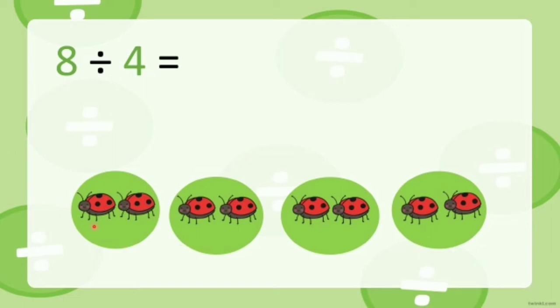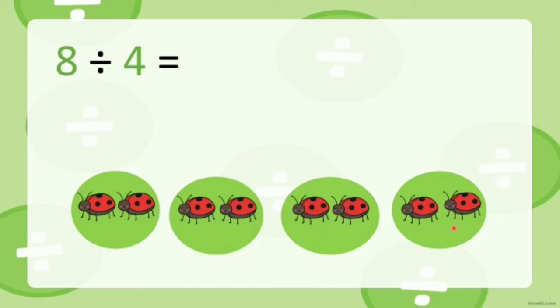Let's count the number of bugs in each group. In the first group we have 1, 2 bugs. In the second group we have 1, 2 bugs. And in the third group we have 1 and 2 bugs again, and in the last group we have 1 and 2 bugs.